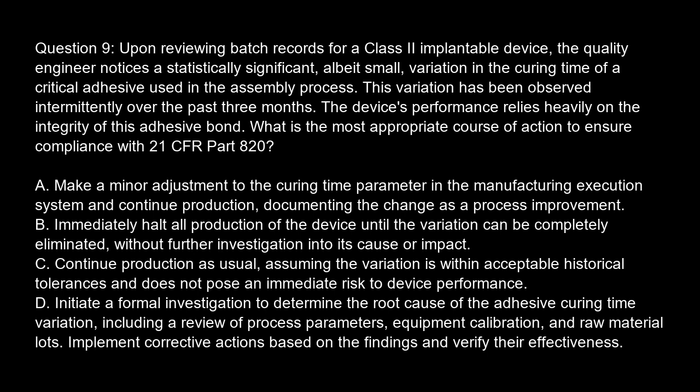Option C. Continue production as usual, assuming the variation is within acceptable historical tolerances and does not pose an immediate risk to device performance. Option D. Initiate a formal investigation to determine the root cause of the adhesive curing time variation, including a review of process parameters, equipment calibration, and raw material lots. Implement corrective actions based on the findings and verify their effectiveness.